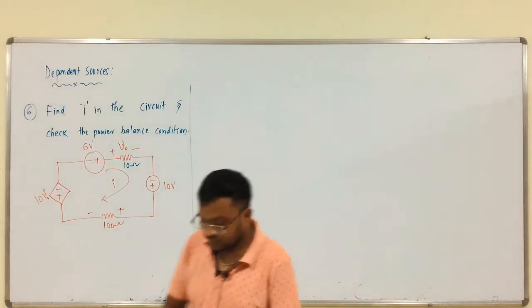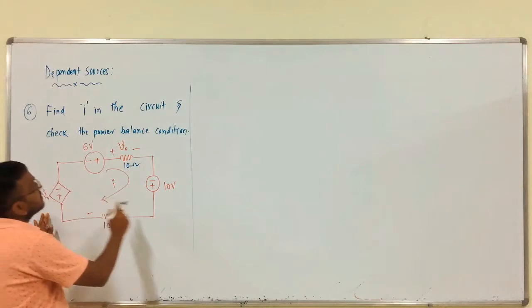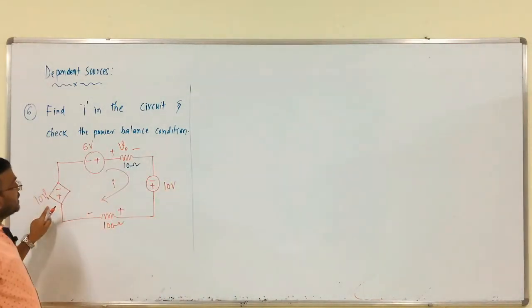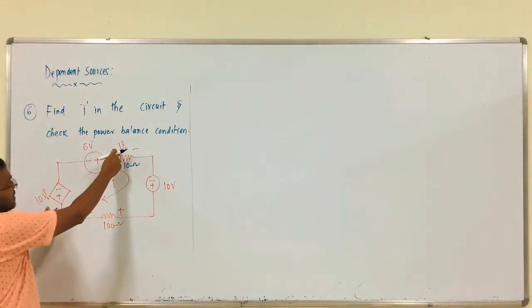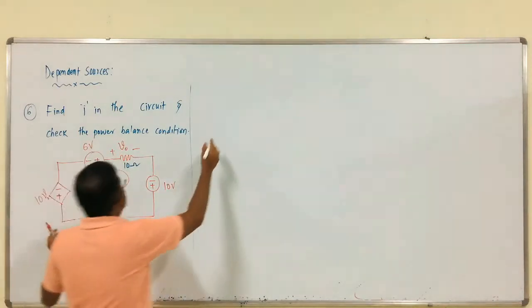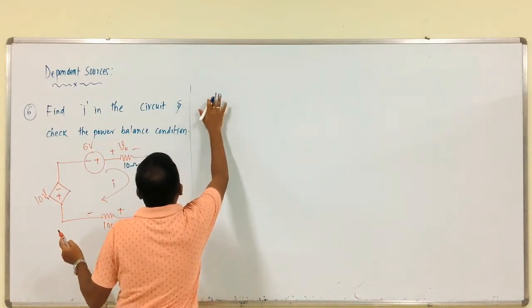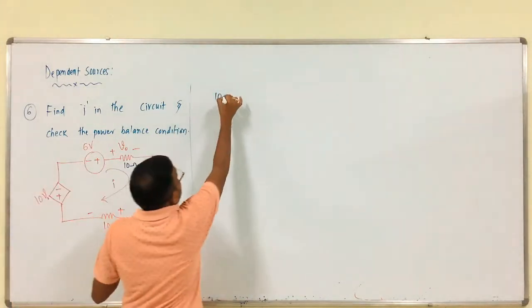Okay, a simple loop circuit, starting from this voltage controlled voltage source. V naught is the representation of this voltage source value. Starting from this, minus 10 plus 10 V naught, because positive to negative.